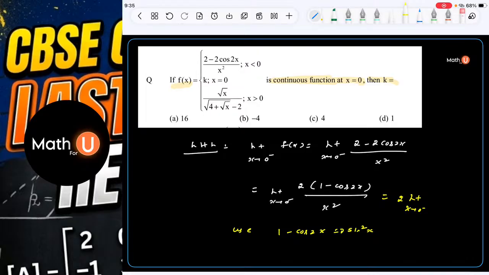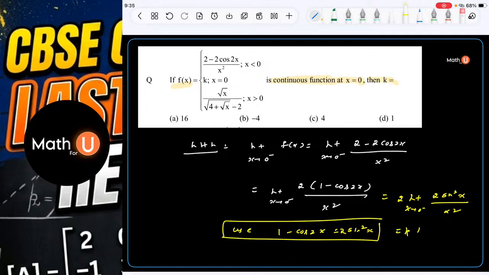In place of 1 minus cos 2x, we get 2 sin square x by x square. 2 twos are 4.